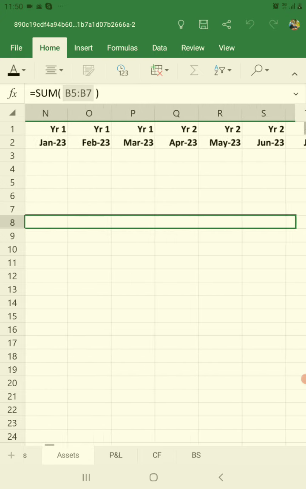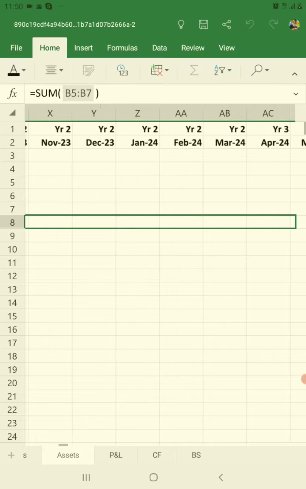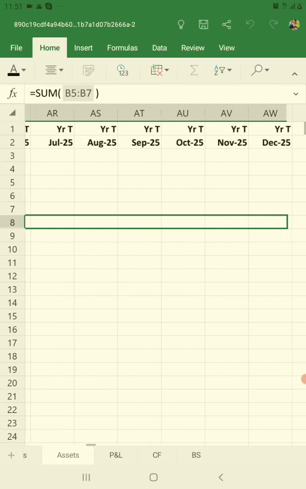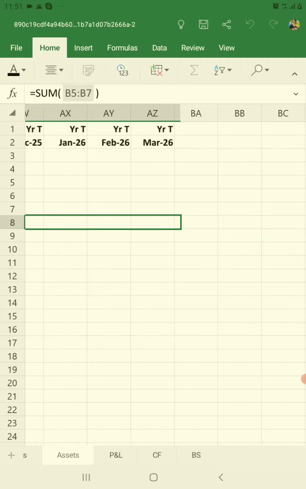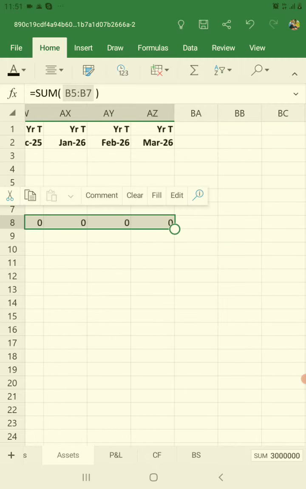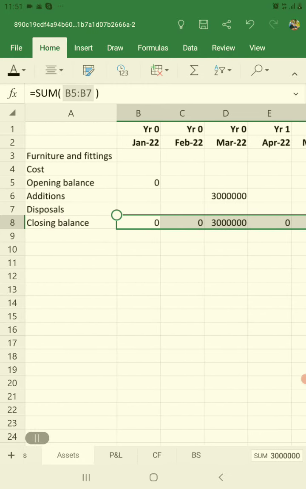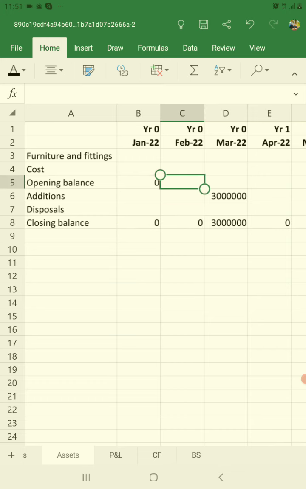Okay, so we are filling the closing formula for furniture and fittings, and the opening balance for February will be closing balance for January.